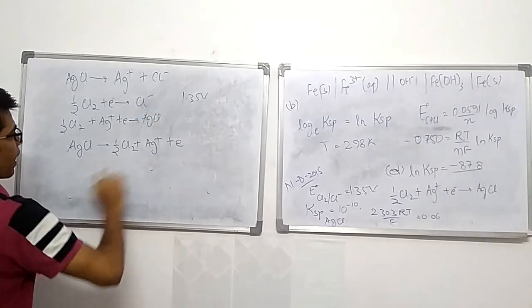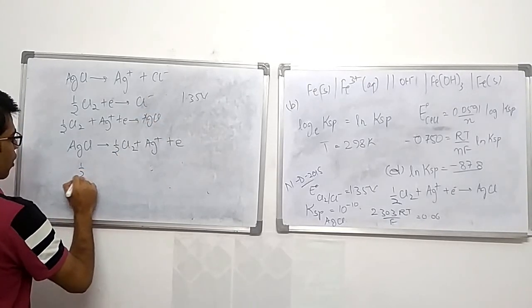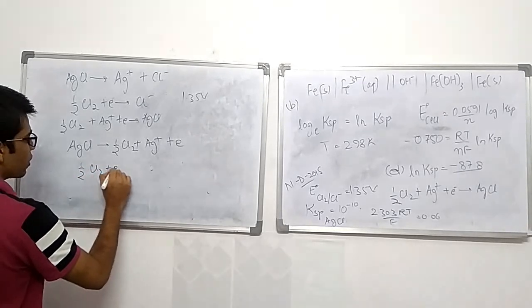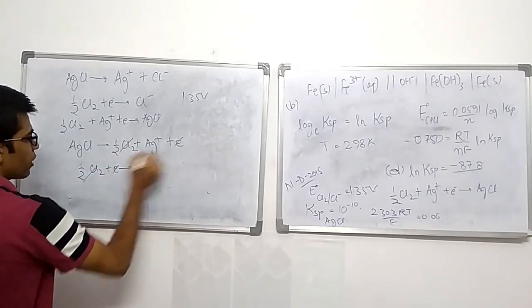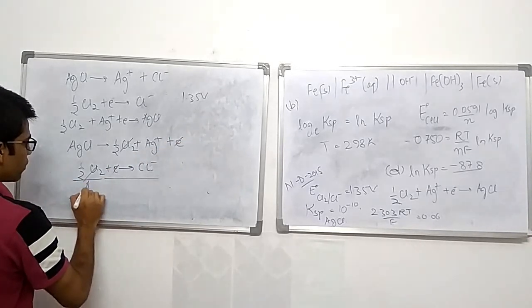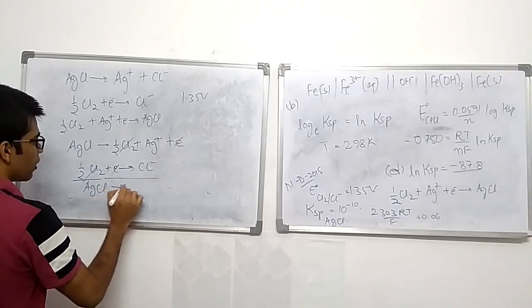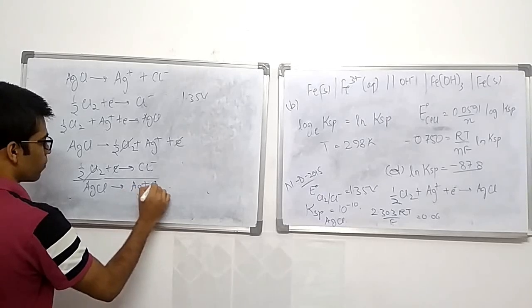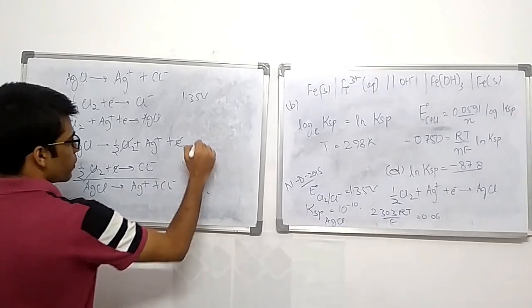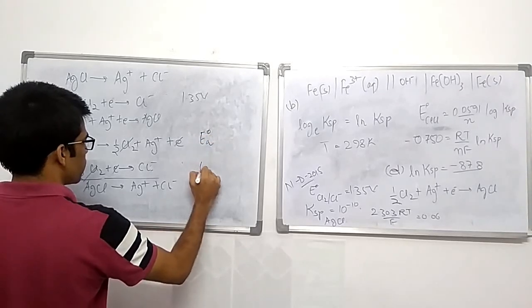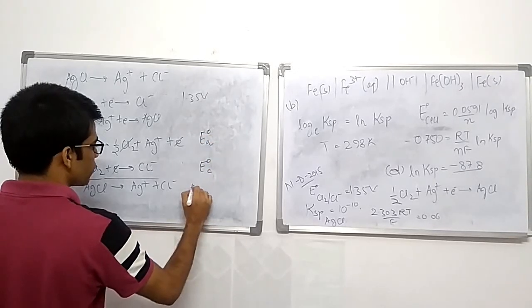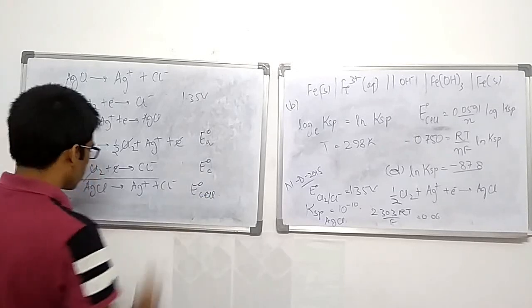If I just simply add the reaction half Cl2 plus electron gives Cl minus, I can get rid of half Cl2 and the electron, and what I am left with is AgCl gives Ag plus Cl minus. That means this is E naught anode, this is E naught cathode, and this will give me E naught cell.